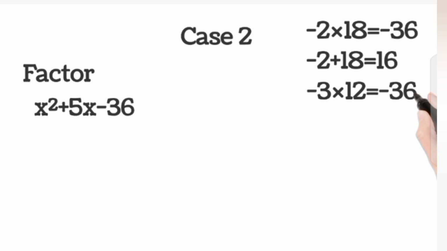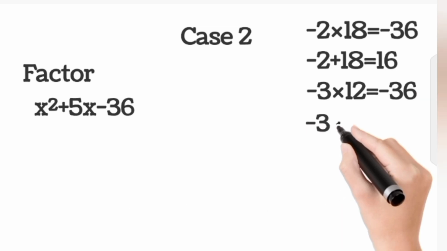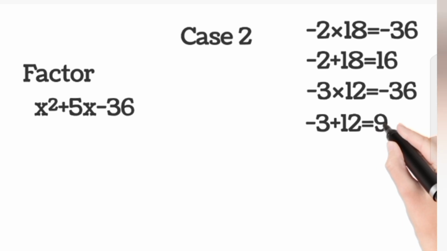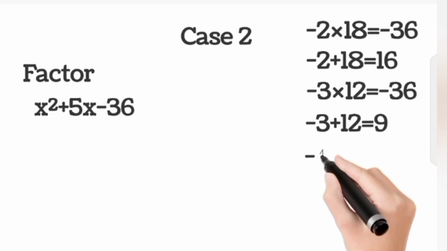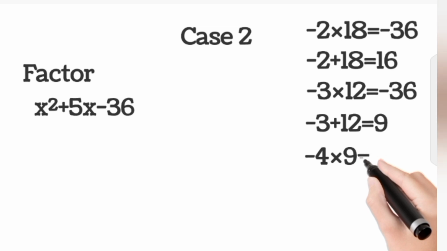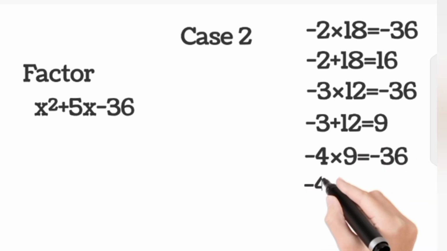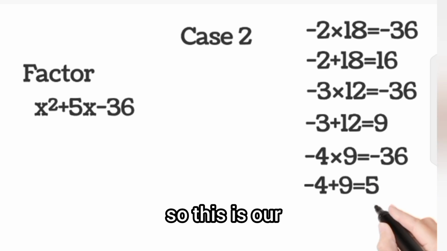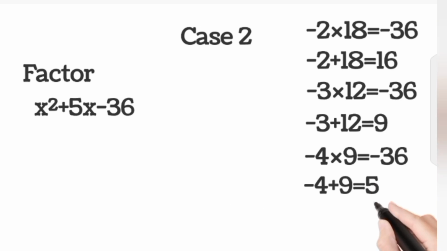And if you add, negative 3 plus 12 is equals to 9 only. So try 4. Negative 4 times 9 is negative 36. And negative 4 plus 9 equals 5. So this is our middle term.